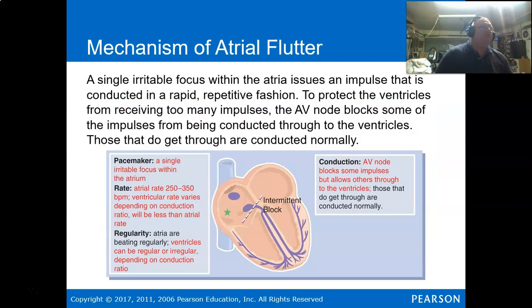All right, atrial flutter. So what happens is these create flutter waves. There's a single irritable focus in the atria. Now the good news is that your AV node kind of goes, this would be somebody from administration coming in pretending to be Rod. Okay, and they come in and they start barking orders.